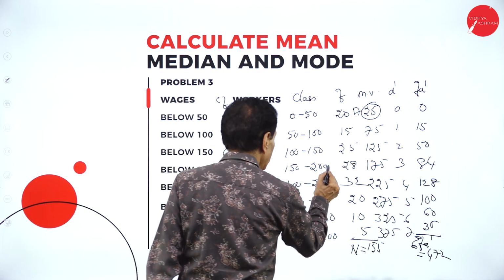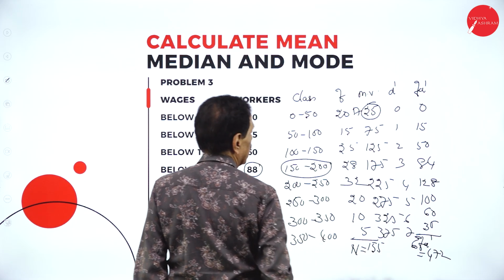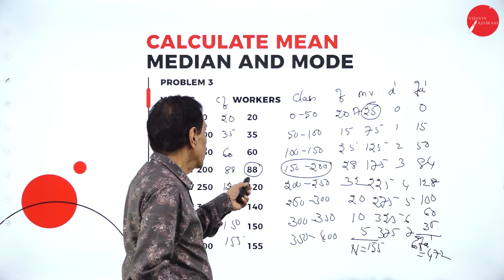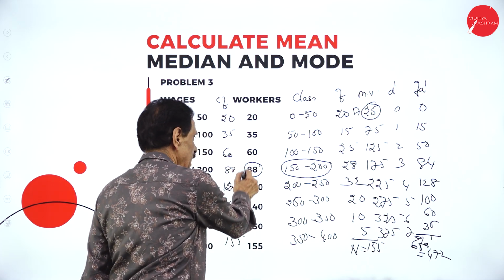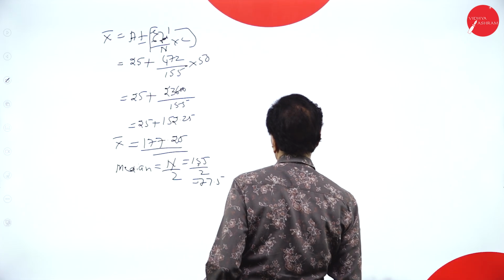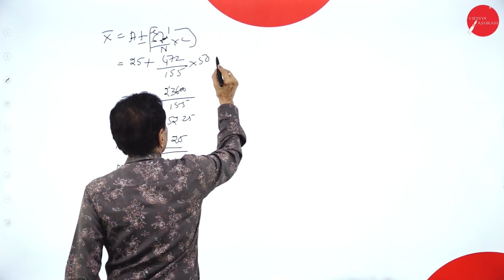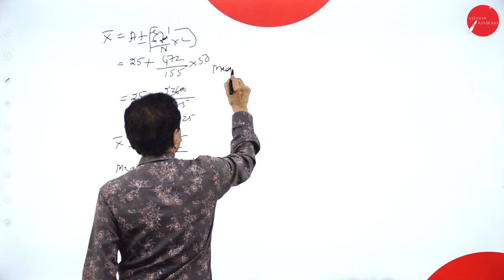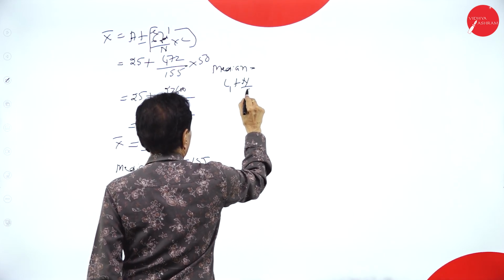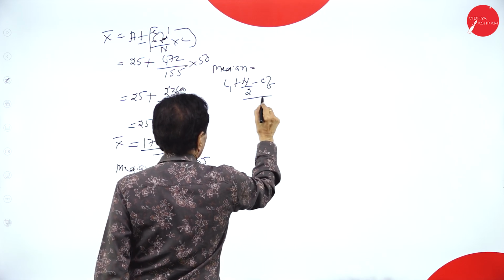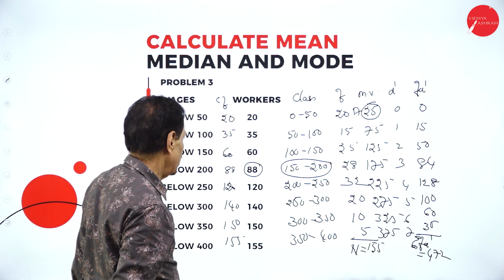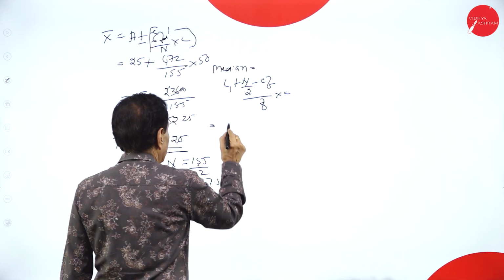Your range is 150 to 200. This is your frequency level. Apply the formula. Median is equal to L1 plus n by 2 minus CF over F into C. Which range you have selected? 150 to 200.